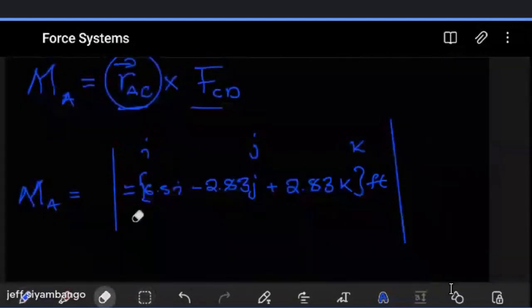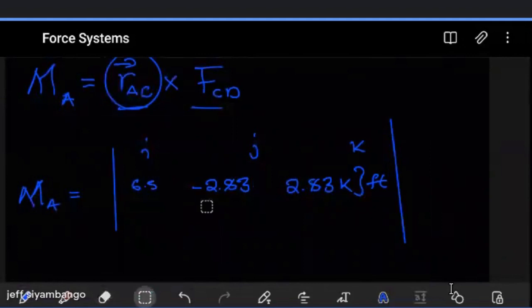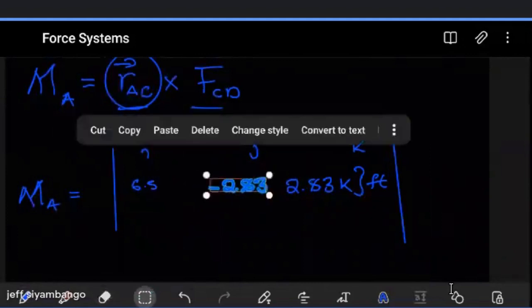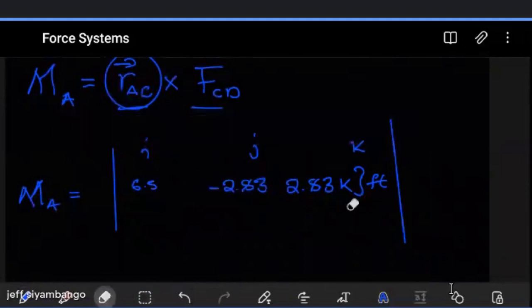I'll just remove what we don't need so that I only need the values. Under I, this is representing I. Then under J, J is represented by minus 2.8, so I'll just have this under J. And lastly, for K, K goes with this one here.